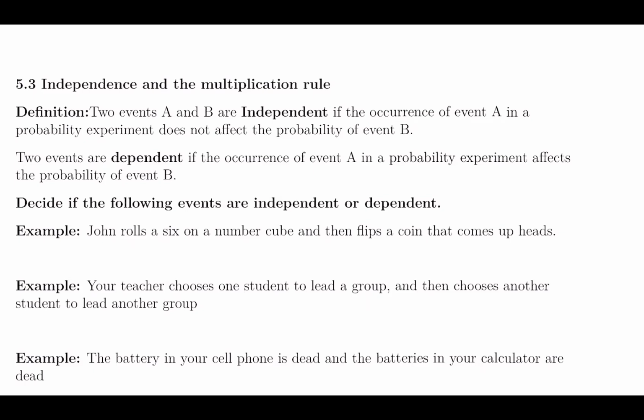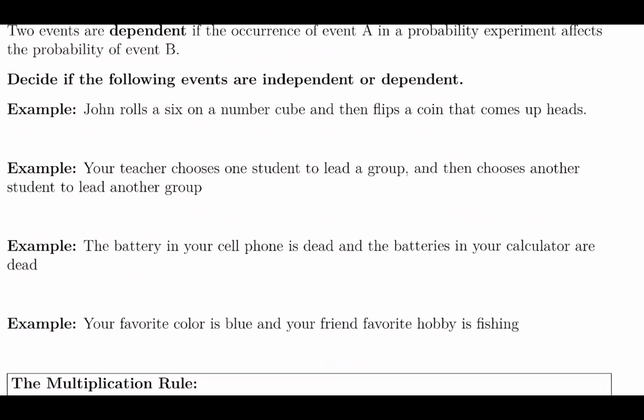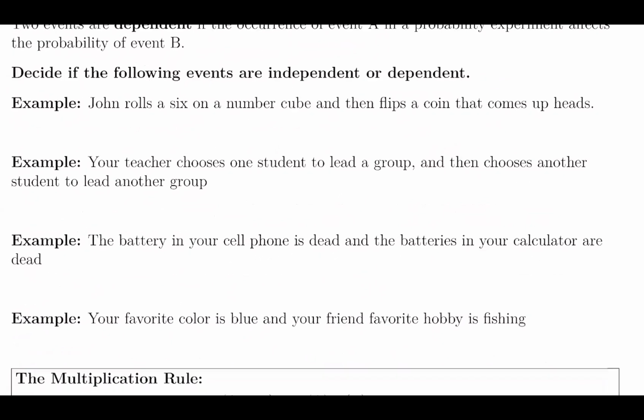So when we talk about independent or dependent events, we're saying that if one event shouldn't influence the other, that's independent, but if one event influences the other to occur, that's a dependent event. Everybody good so far with that logic before we move on? Cool. We'll do some examples right now to hammer that in.